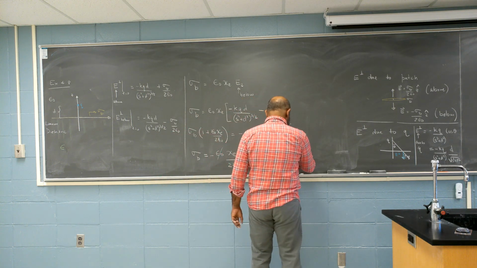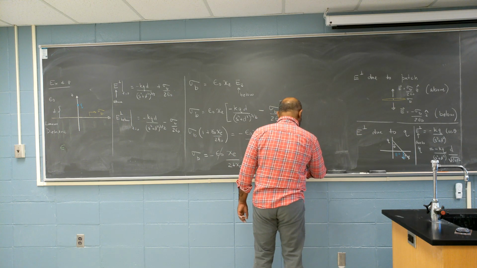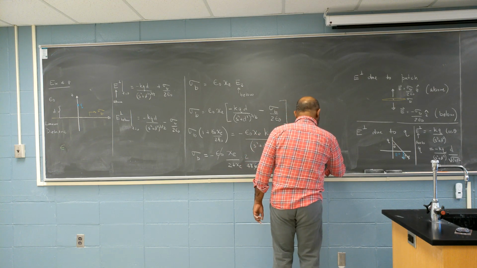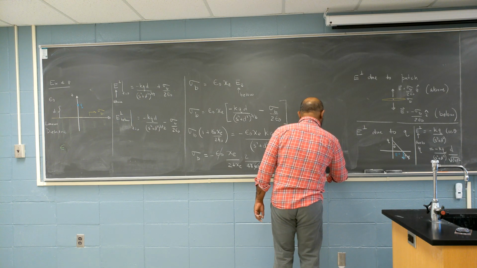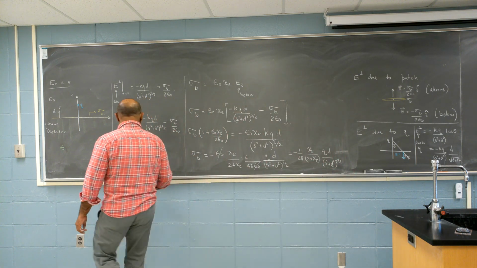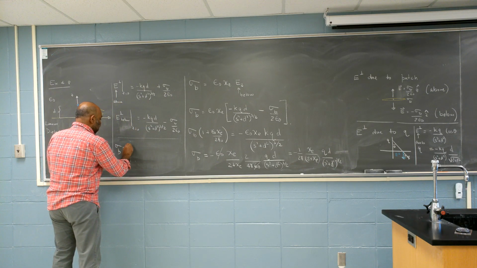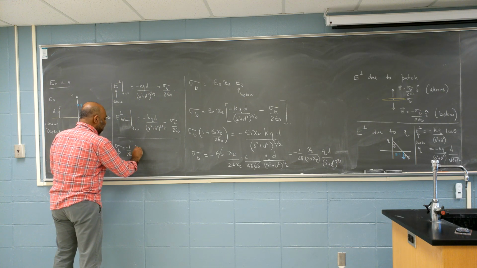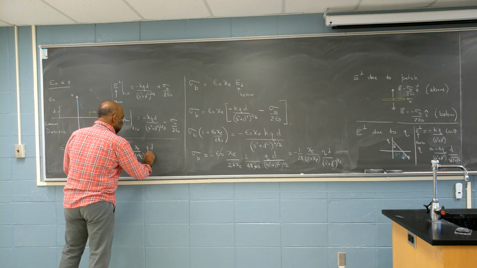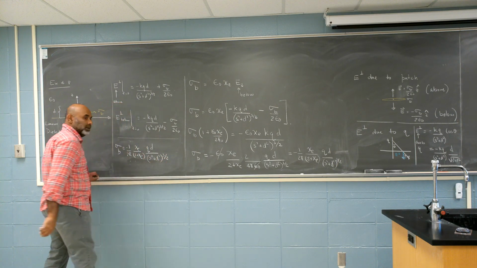I have minus 1 over 2 pi chi e over 2 plus chi e q d over s squared plus d squared to the 3/2. So let me write that so I can erase the future.